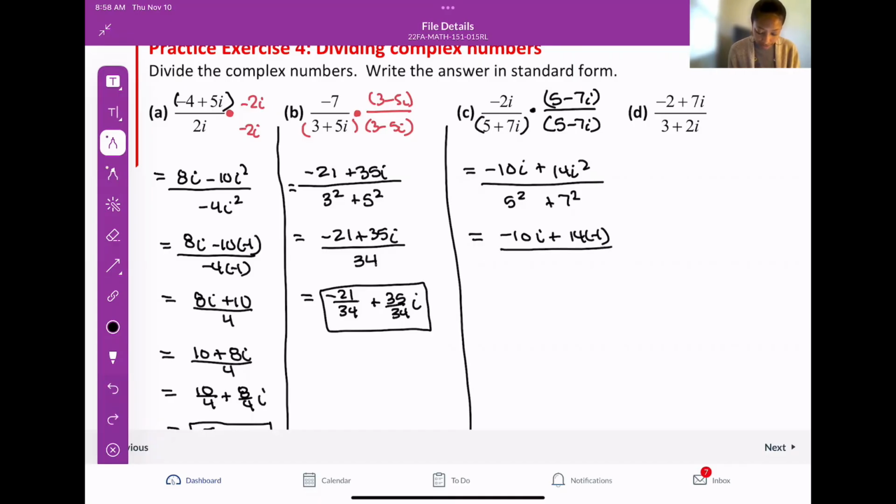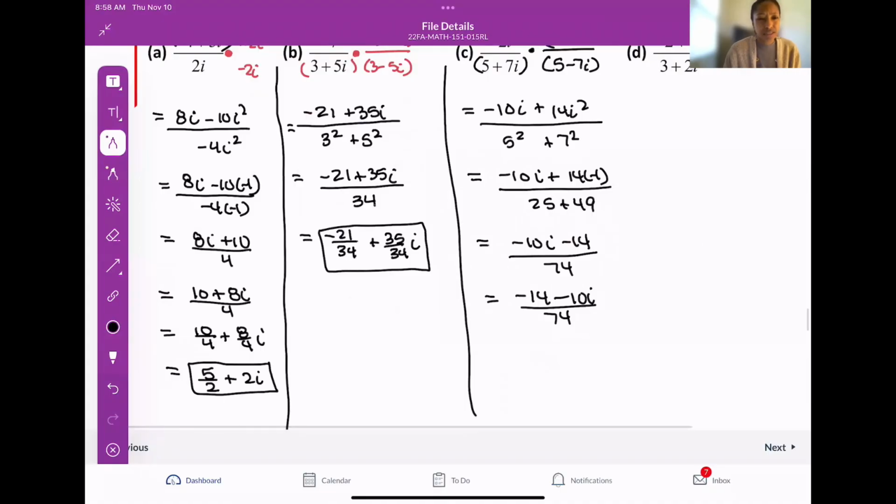Oops, I forgot our denominator. Divided by 25 plus 49. All right, so we have negative 10i minus 14 over 74. Again, we do need to break this up, and we also need to switch the order so that the real part is first and the imaginary part is second. That's negative 14 minus 10i over 74. And I think we can simplify that a little bit. Everything's positive, so at the very least, we'll be able to divide by 2.